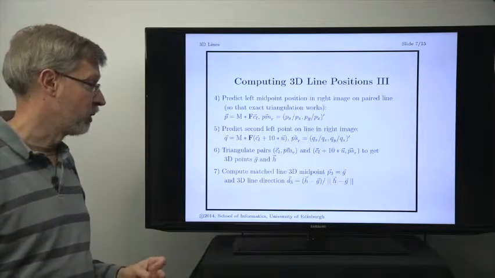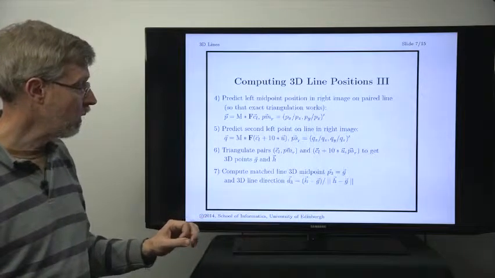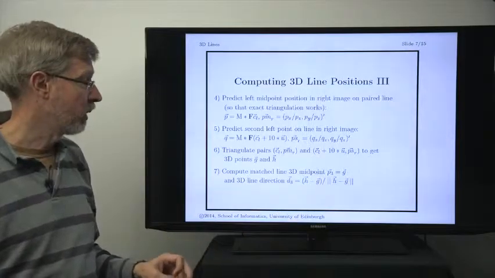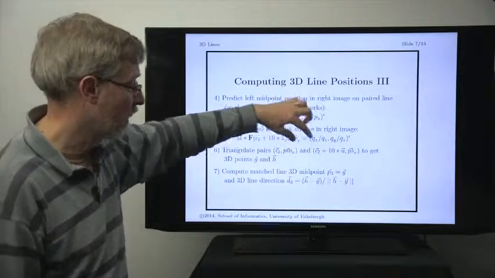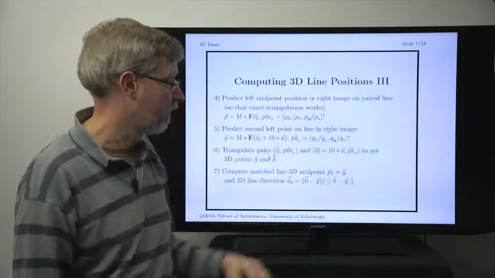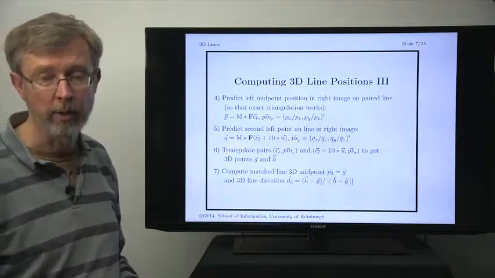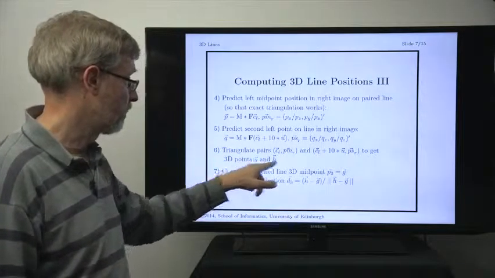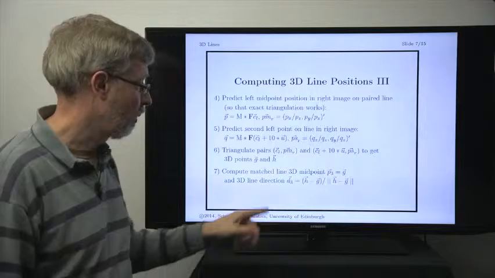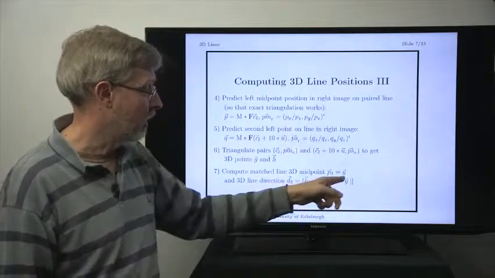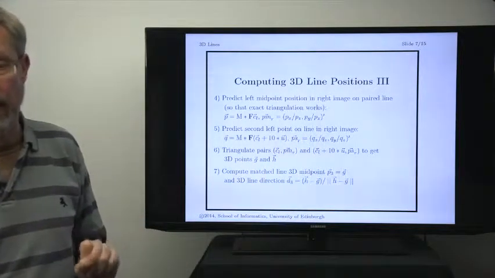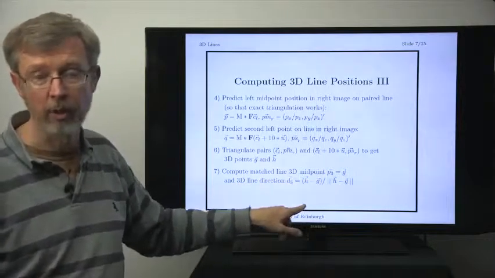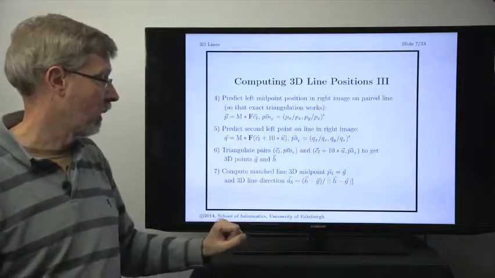Now we're in a position to do our triangulation between the corresponding points. So there's the first left-right pair and the second left-right pair, and we can do that triangulation to get our 3D points, G and H. With that we can estimate a three-dimensional midpoint of that line right here, that's the G point, and we can estimate a direction in 3D for that line as well.